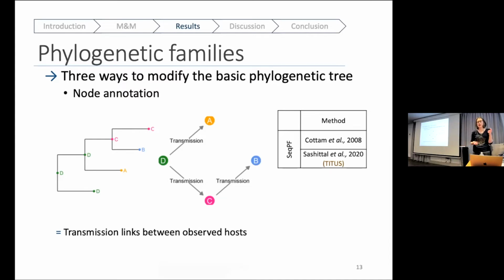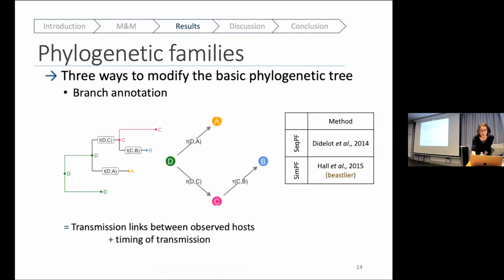This was used by Coalescent and their work in 2008 and Titus. Here, it's a branch annotation, meaning that instead of considering solely the annotated nodes, nodes that had hosted different individuals, here you can see a node from C and a host from B, this branch was considered an infection branch, and thus transmission occurs along this branch.